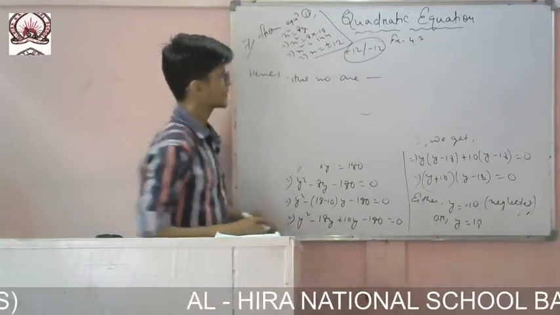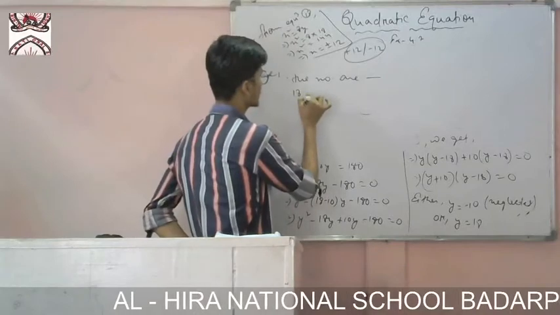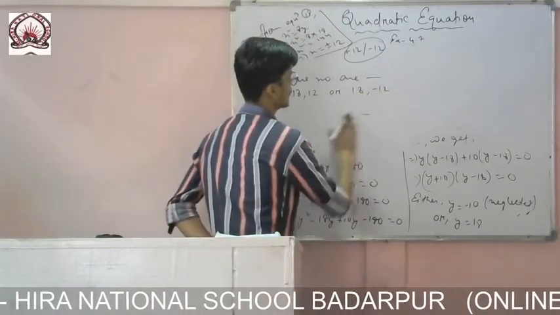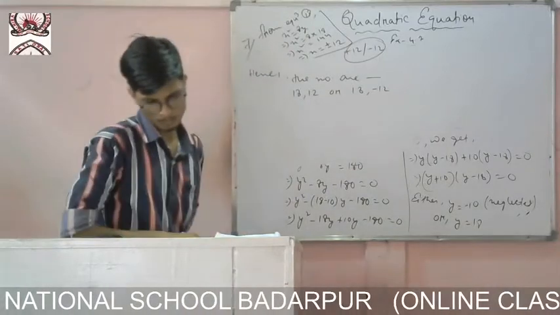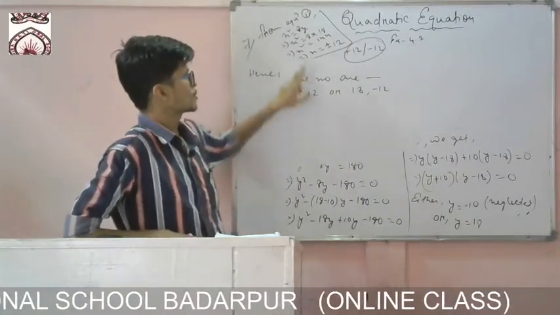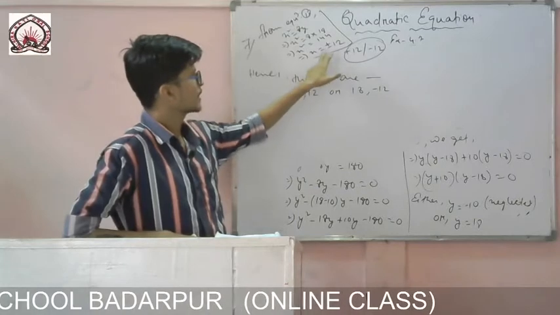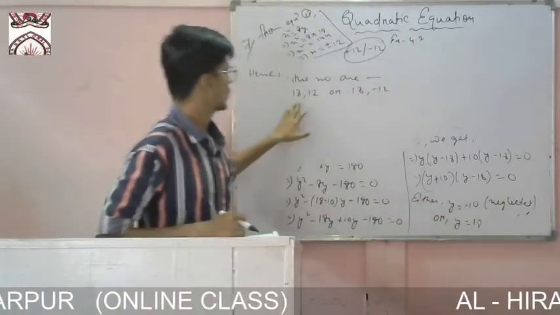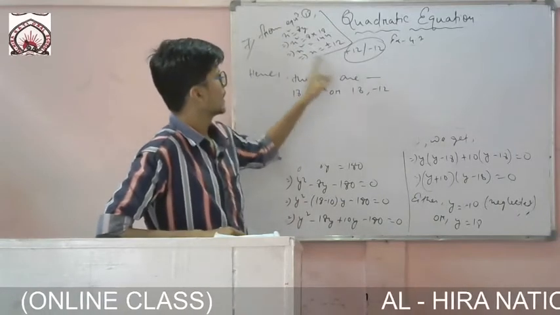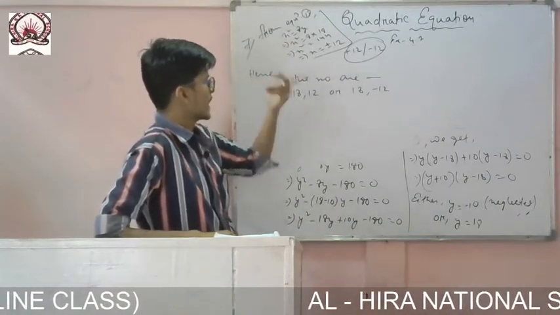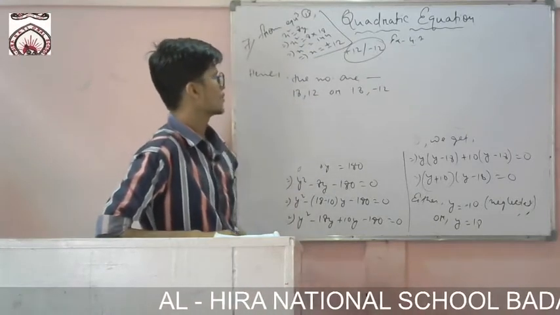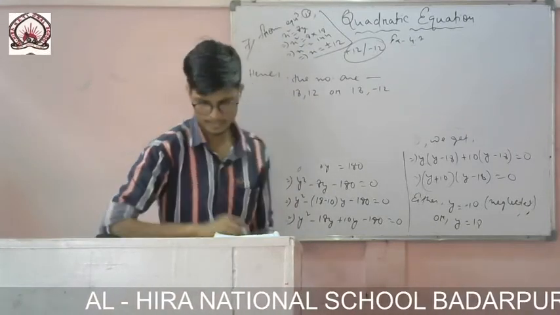So you write, therefore the numbers are 18, 12 or 18, minus 12, because one time it came positive and x is coming plus minus 12 and y is 18. So x may be negative, okay. x square is equal to 8y, so x may be negative. So the values may be 18, 12 or 18, minus 12, okay.